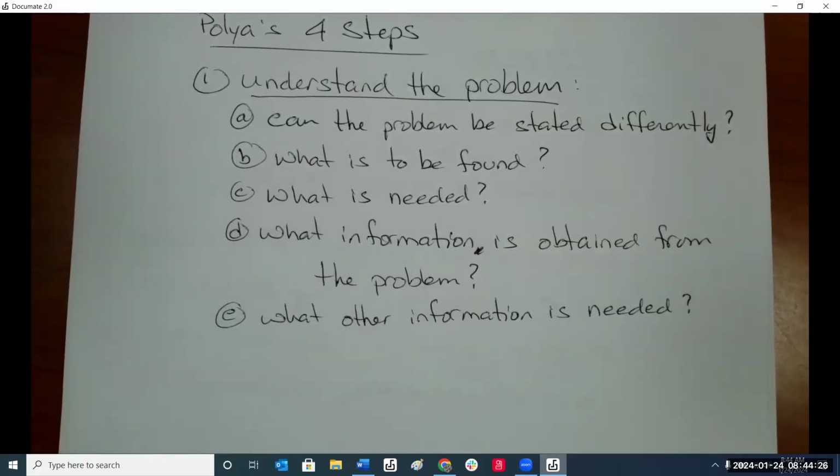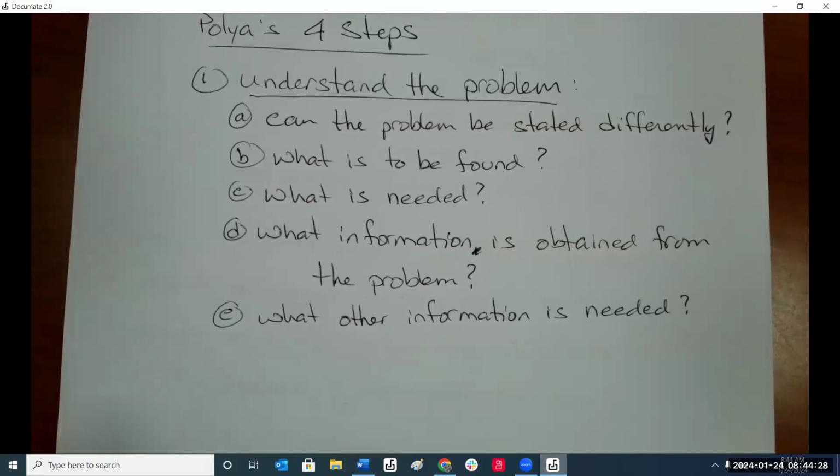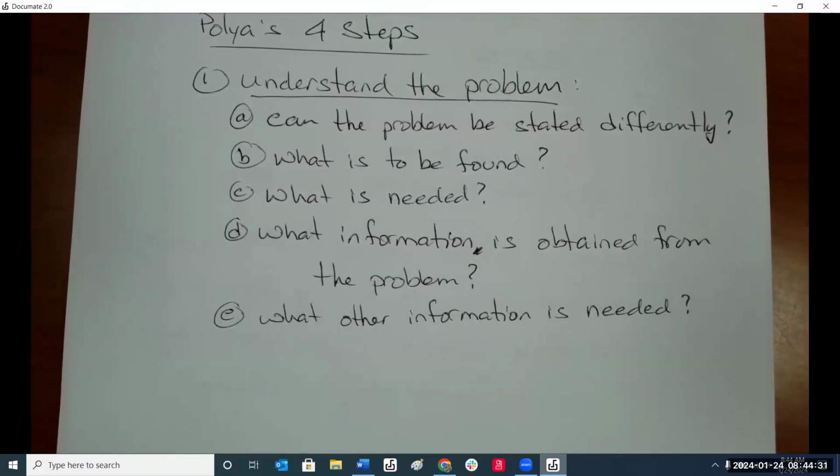These are just some of the possibilities to understand the problem. Is this the entire list? No, there's many more.